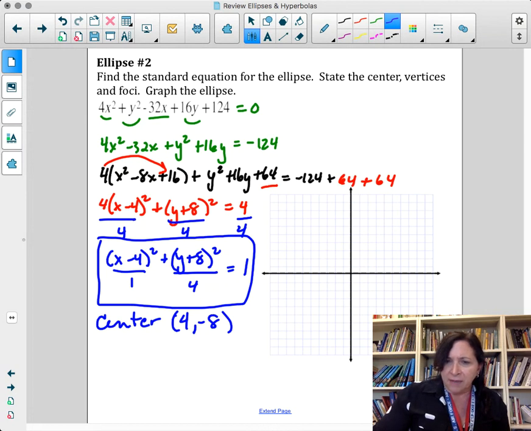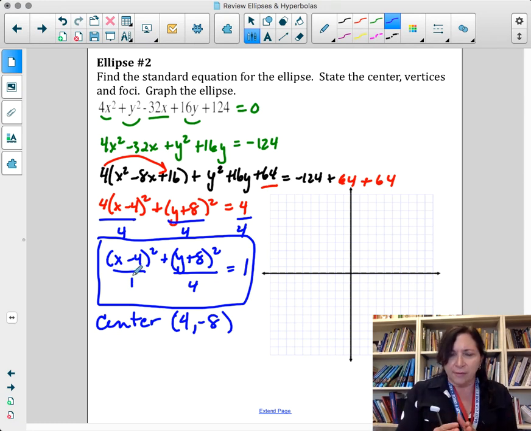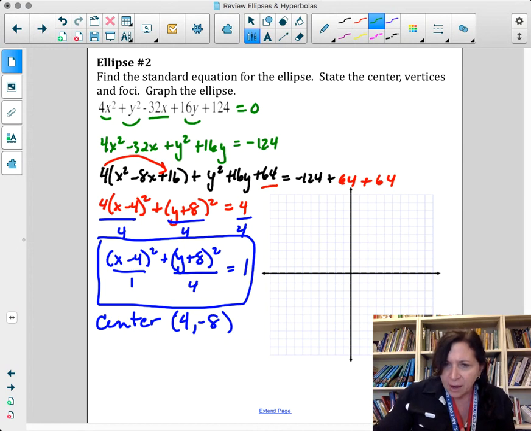In the x direction, I'm going to take the square root of whatever's underneath the x. The square root of 1 is 1. So in the x direction to the left, I'm going to go 1, and to the right, I'm going to go 1. Underneath the y, I'm going to go the square root of 4, which is 2. So I'm going to go up 2 and down 2. And then I'm going to connect my dots, or my vertices.